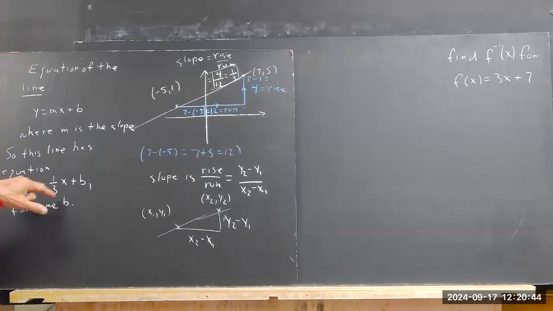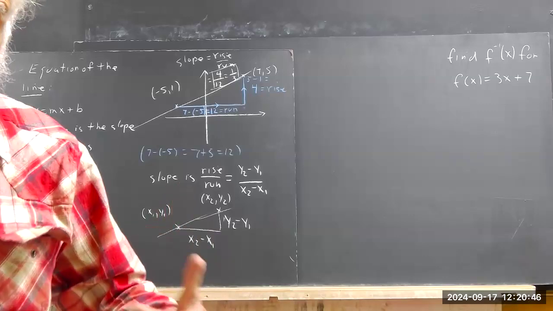So the equation is y equals 1/3 x plus b for some number b.